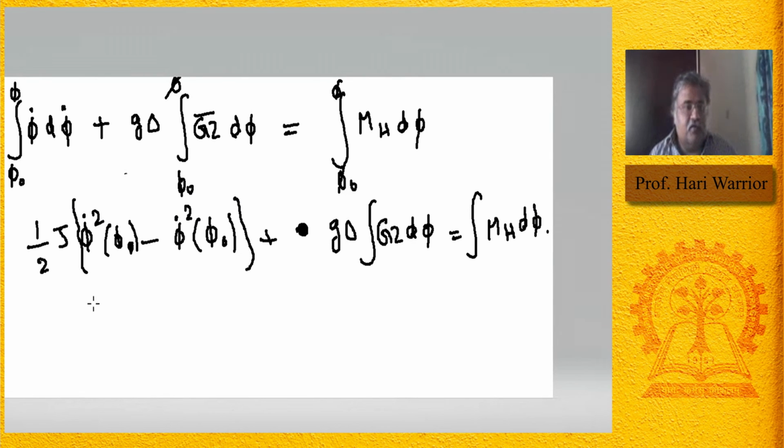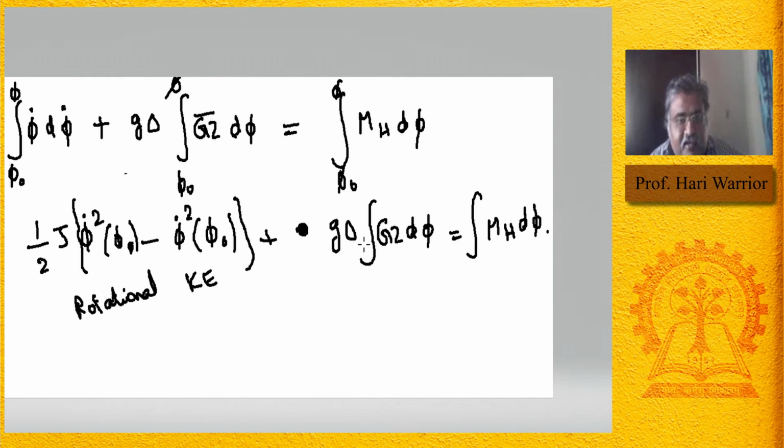Now basically, what is this? We say that half m v squared is the translational kinetic energy. Similarly, this is half J phi dot squared. Phi dot, as you know, is the angular velocity omega. So this is actually half I omega squared, which is basically the rotational kinetic energy.